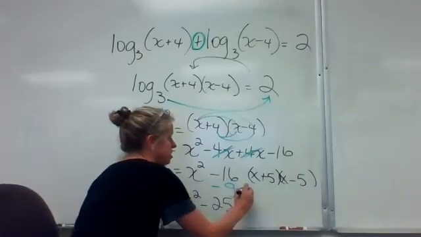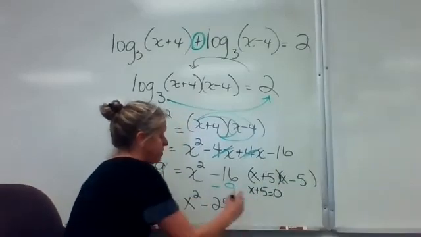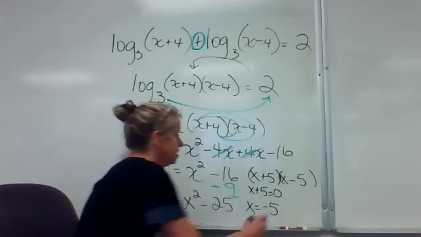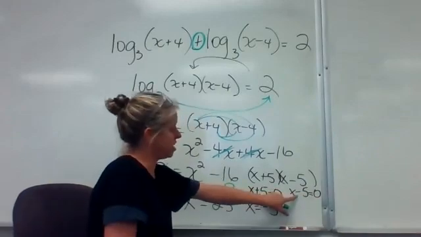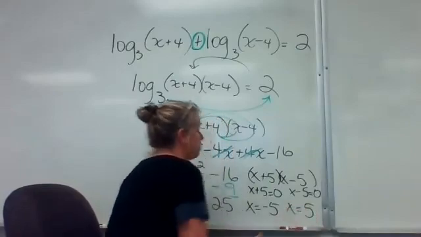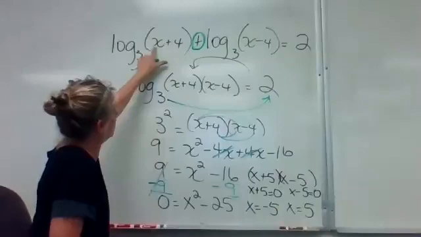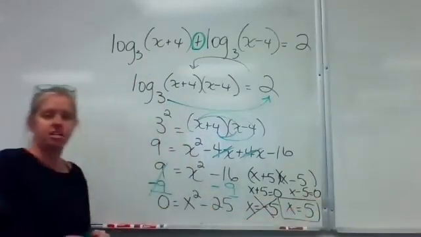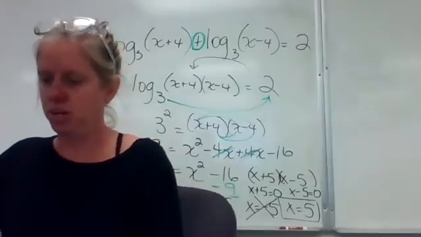If you set this equal to 0 and solve it for x, you would have to subtract the 5 from both sides, and that would give you negative 5. This one, you set that equal to 0 and solve it, you'd have to add the 5 to both sides, so you would get x equals positive 5. I can't do negative 5 because it's going to turn what I'm taking the logarithm of into a negative number. So the only answer is that positive 5. Whew, that is a lot.